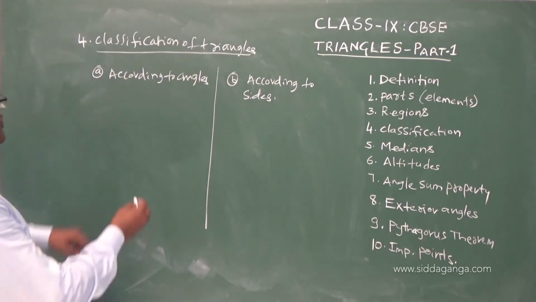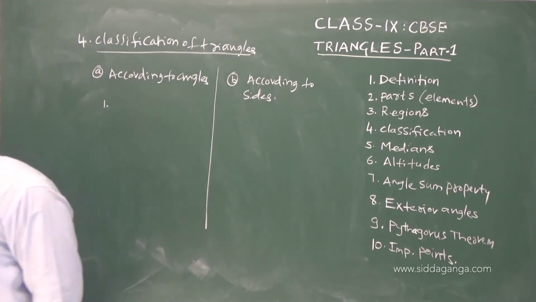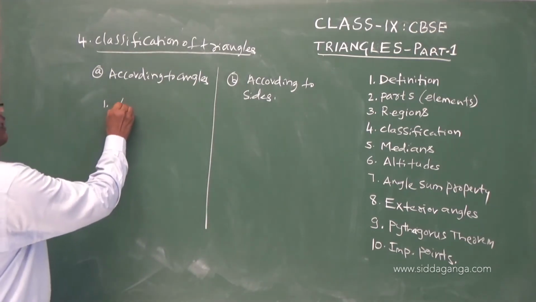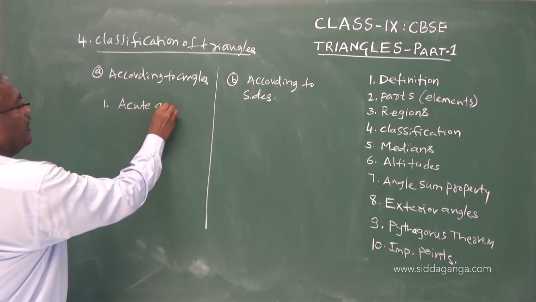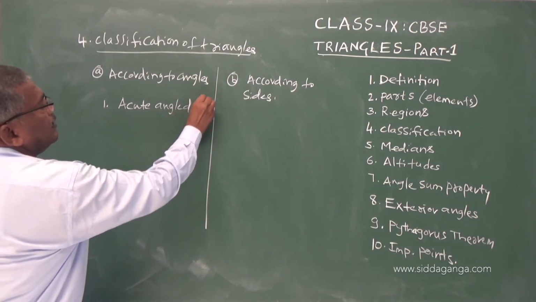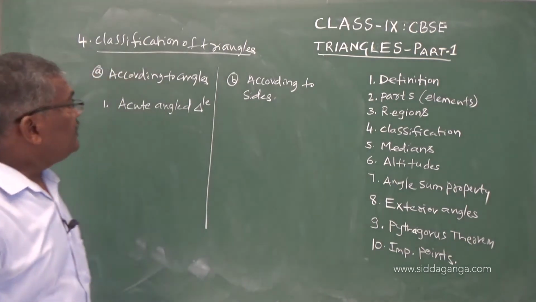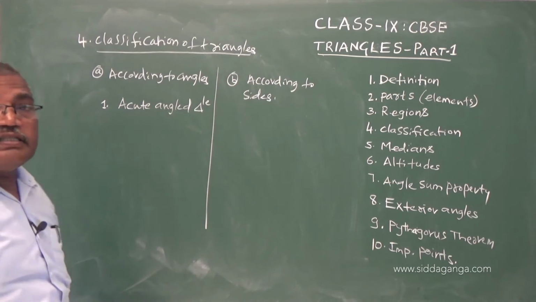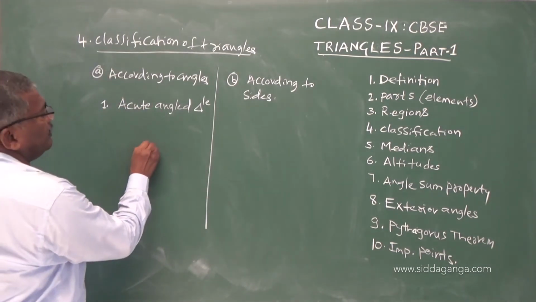So, here the first one is, if the angle is below 90 degree, you know that it is acute angle, acute angled triangle. That means all three angles in the triangle are less than 90 degree. So, I will give an example here.